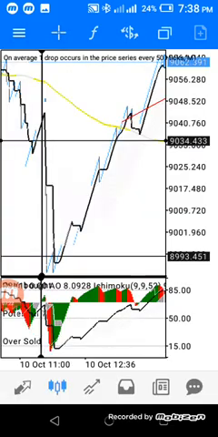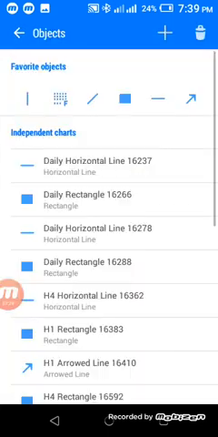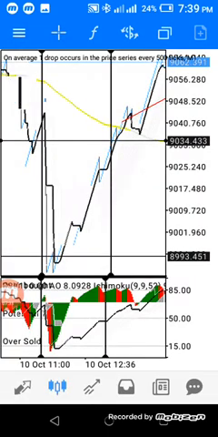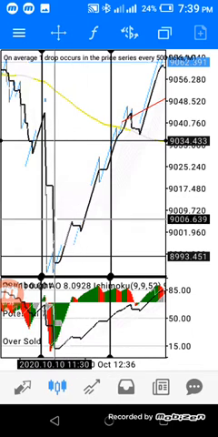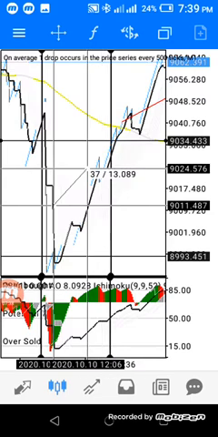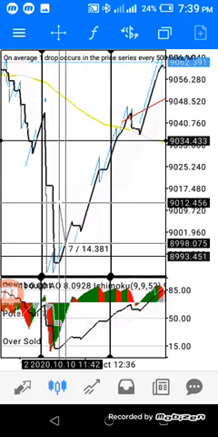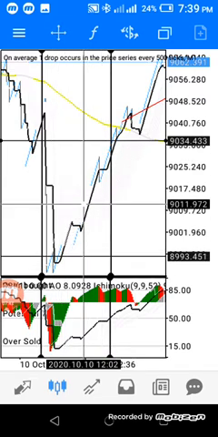Give a minute for that. Right, so our take profit is going to be somewhere here exactly, and if you check that, you know how many candles that is. Okay, give me a minute.